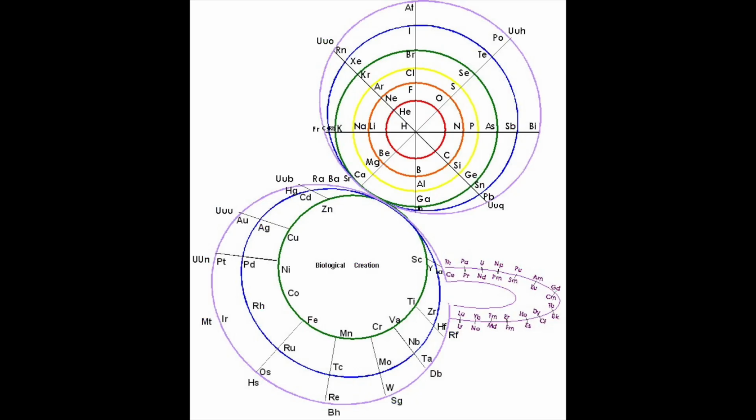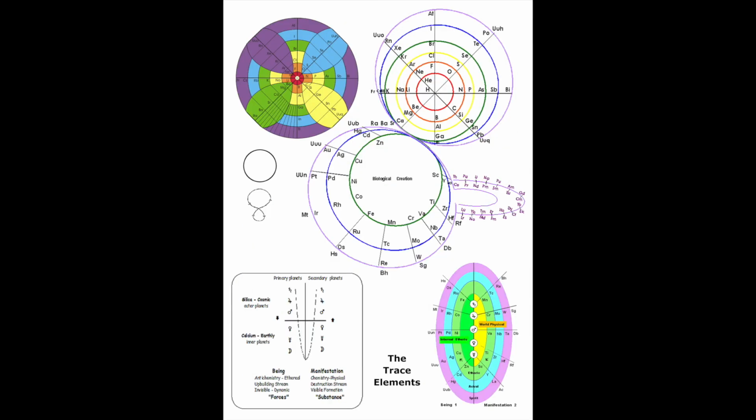Oh, this is an interesting point that we probably need to make: when we look at the trace elements in the periodic table, we were talking about how we have these three groups of elements, and there's this interesting phenomenon which Hauschka points out in Nature of Substance, that when we are looking at these elements, there's a weird phenomenon that occurs in the periodic table.